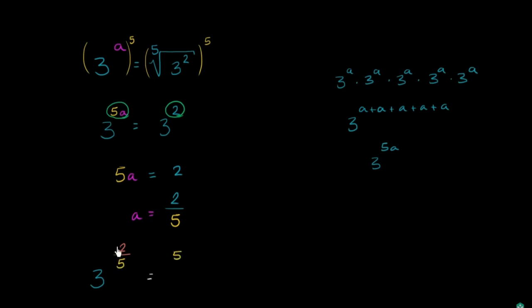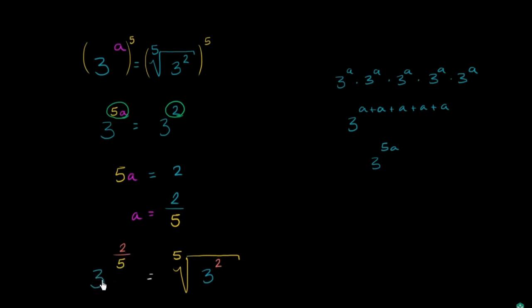Notice the 5th root. So the denominator here, that's the root. So if you take this base 3, you square it, but then you take the fifth root of that, that's the same thing as raising it to the 2/5 power.